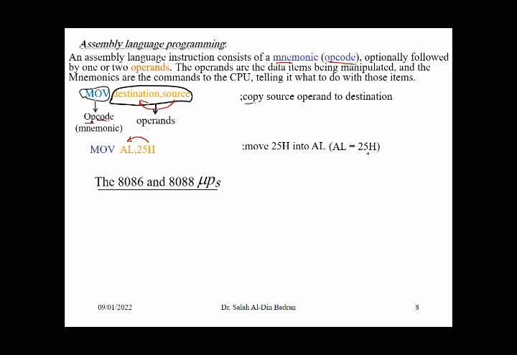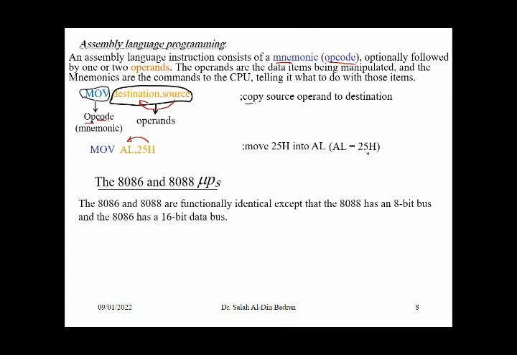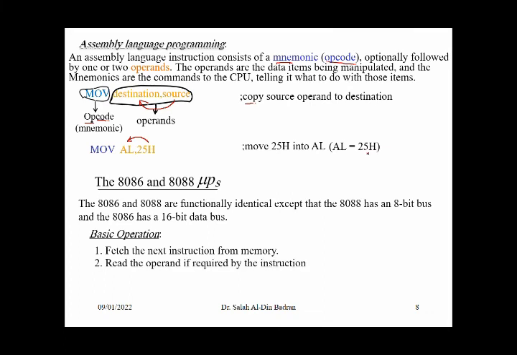The 8086 and 8088 microprocessors are functionally identical, except that the 8088 has an 8-bit bus and the 8086 has a 16-bit data bus. The basic operations are as follows. First, fetch the next instruction from memory. Then read the operand if required by the instruction.